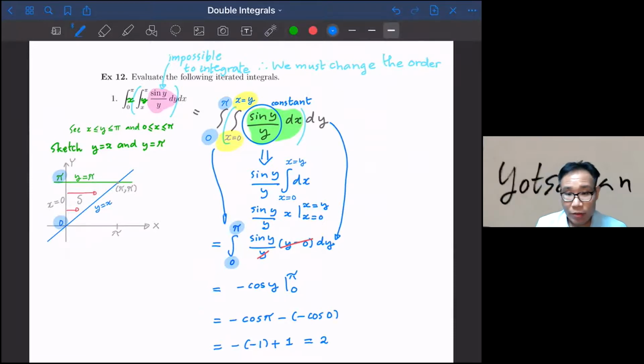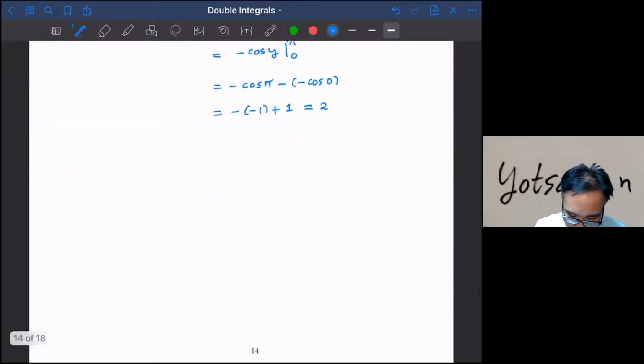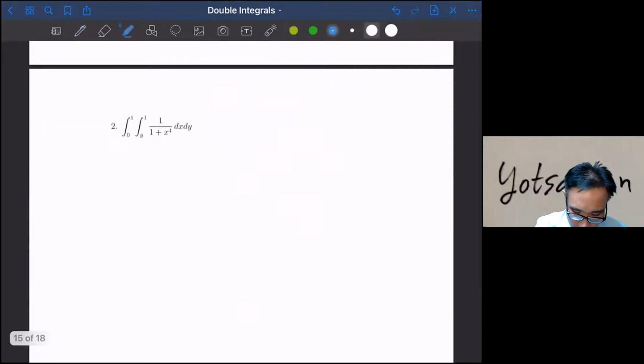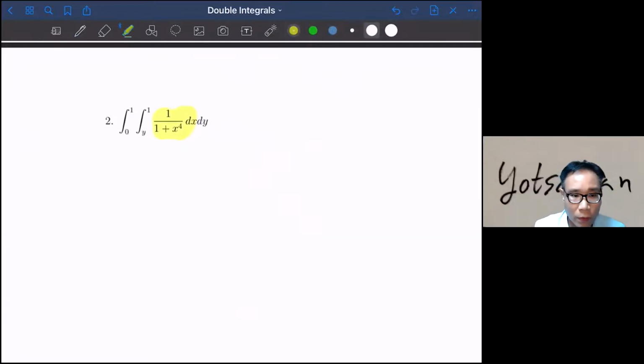The last one for this clip is going to be example 2. So we have the integral from y to 1, from 0 to 1, of 1 over 1 plus x to the fourth dx. Again, you see that if you wanted to integrate 1 over 1 plus x to the fourth dx, it is impossible to integrate.